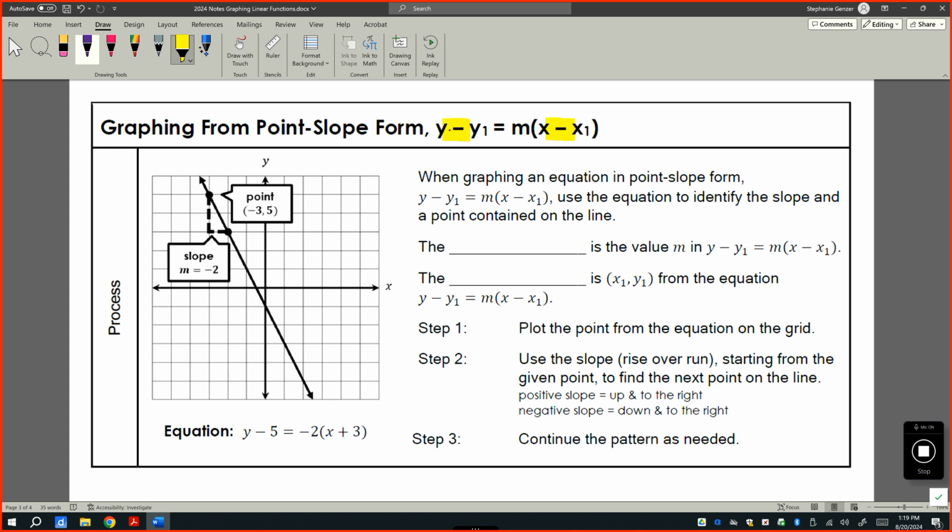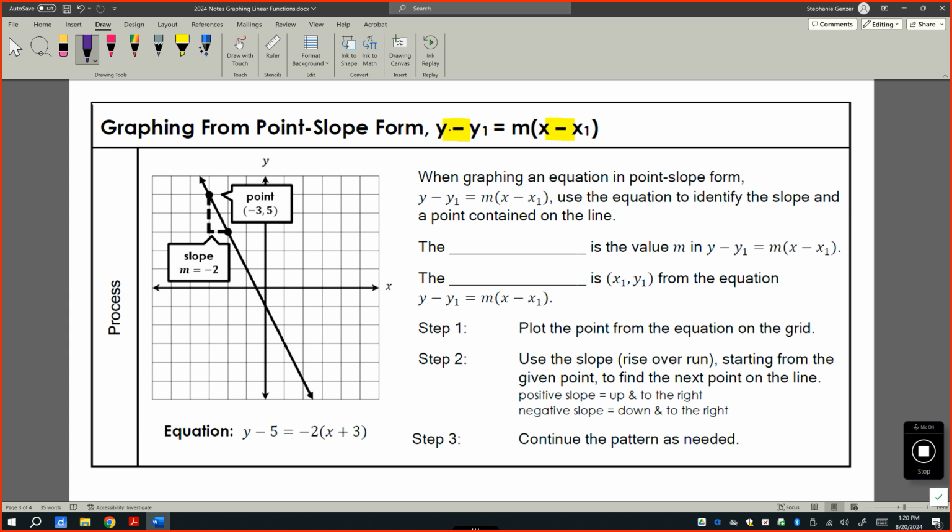That means the minus signs aren't part of the x1 and the y1, they're part of the formula. So if I see x minus 4, that minus sign is part of the formula, so that x1 is actually a 4. What might be helpful is to remember that these numbers are going to be opposite. We'll see that in an example.